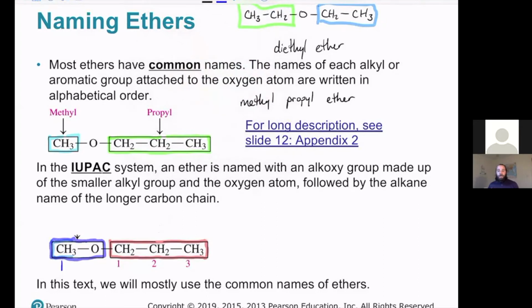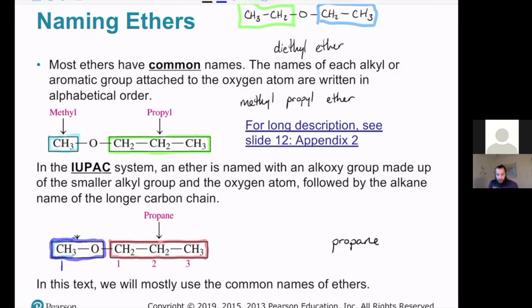All right, so we lump the oxygen in with the smaller half, whichever one has fewer carbons. The other half is going to become our parent chain. So this half here with 3 carbons will be our parent chain, propane. The other half is our substituent.